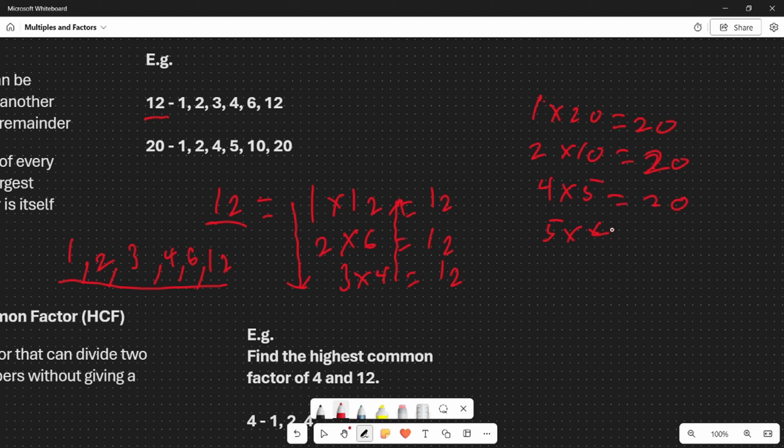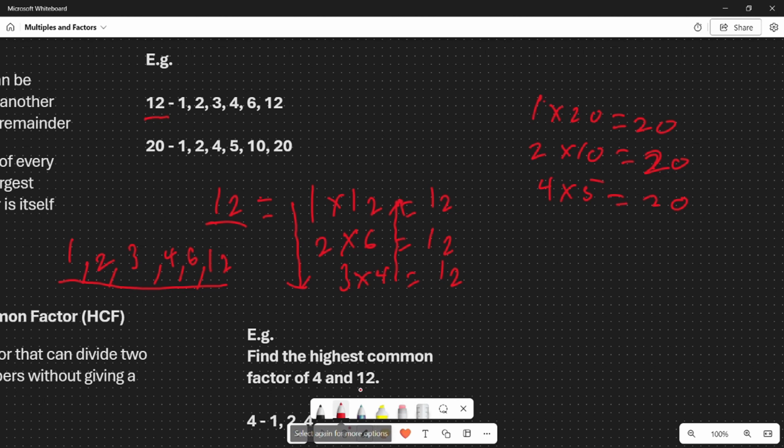So if it begins to repeat itself, like 4 times 5 and 5 times 4, you can then just cut out the part from the first point where it begins to repeat itself, and so you can then count the downward ones, which are 1, 2, and 4, and you can count the upward ones, which are 5, 10, and 20. So these are your factors for 20.